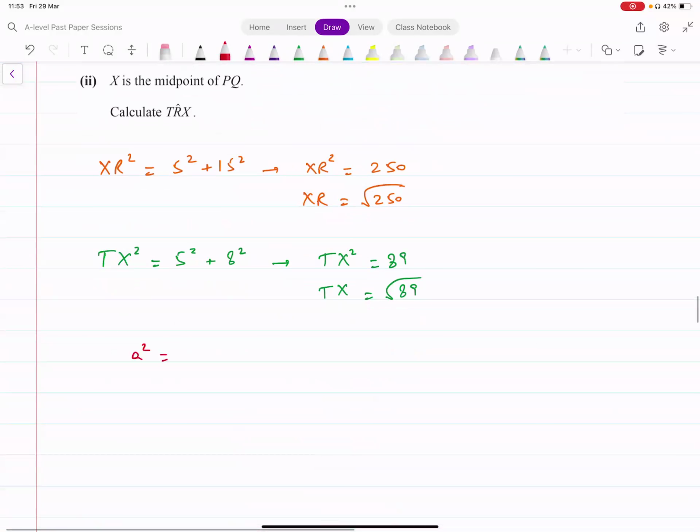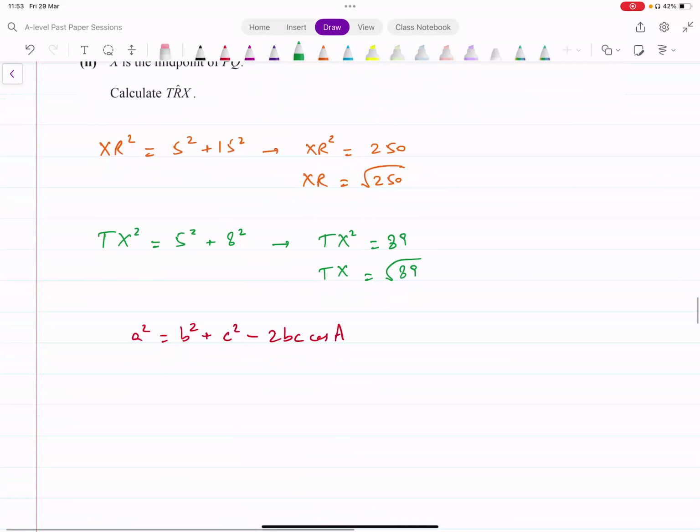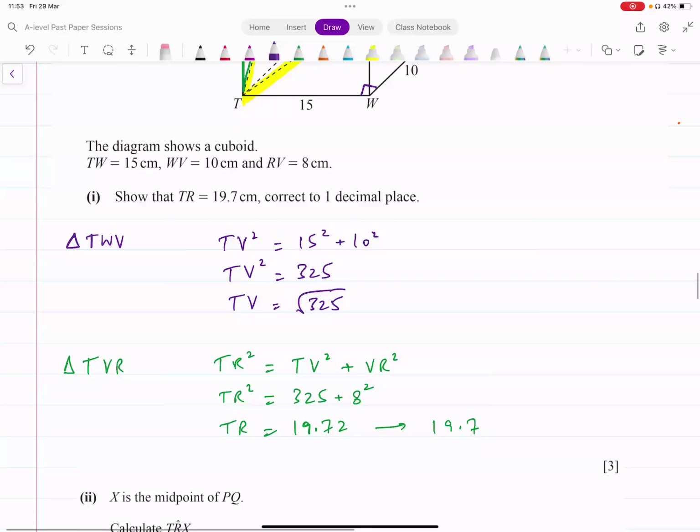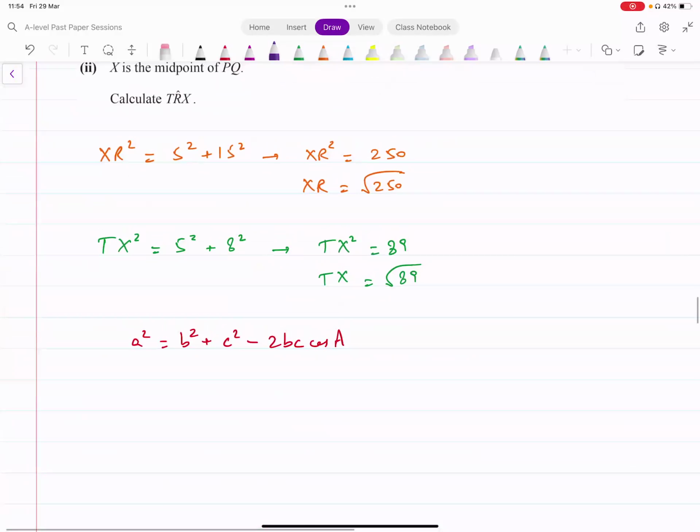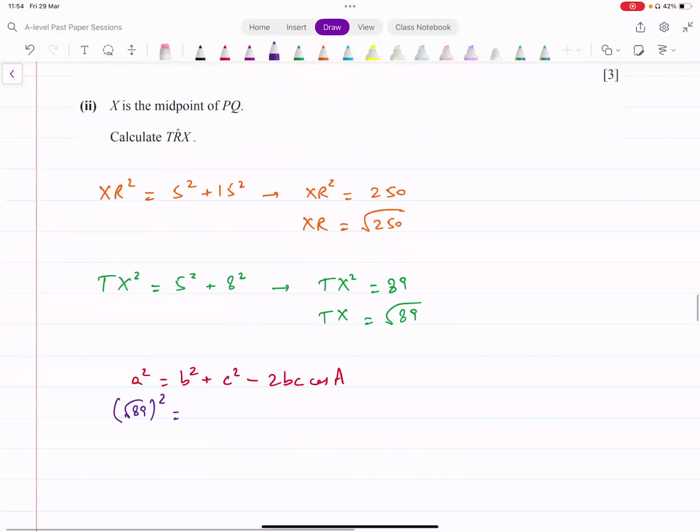A squared equals B squared plus C squared minus 2BC cos of A. Or if you remember that form in which cos A is the subject, you can use that directly because we're looking for the angle, but it doesn't matter either way. Let's input values now. So what's the side A? A is the side opposite to the angle, square root of 89. Okay, so we have square root of 89 whole squared equals B squared.